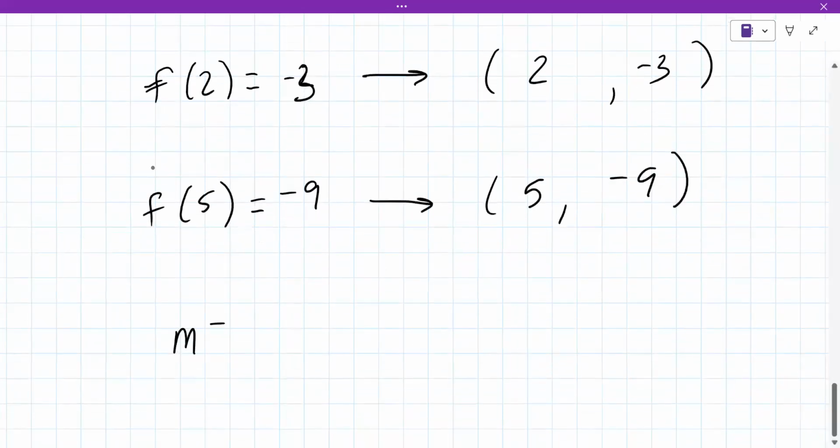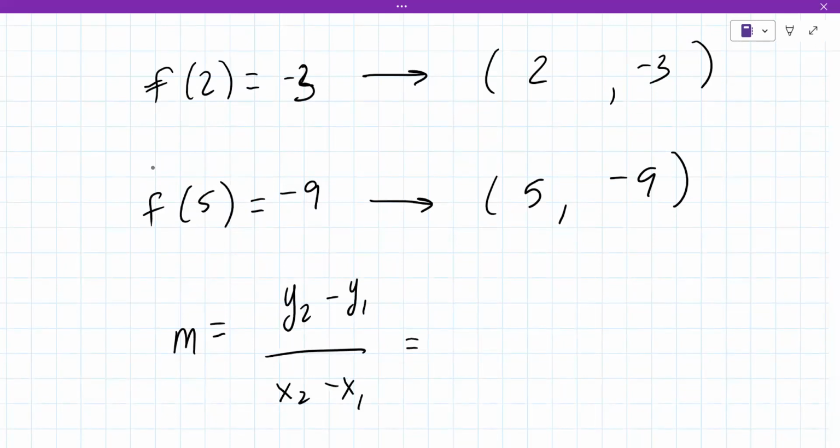Okay, let's find the slope. Slope is y2 minus y1 over x2 minus x1. -3 would be y1, right?